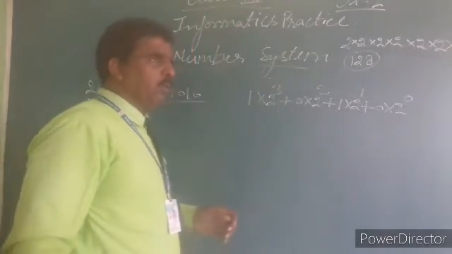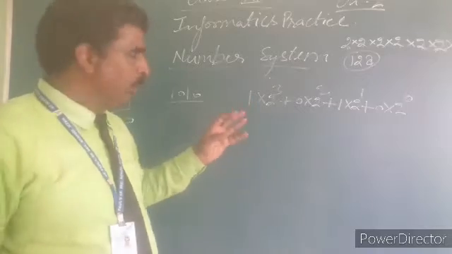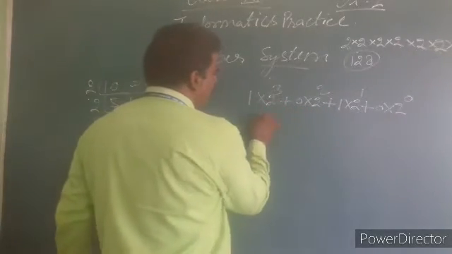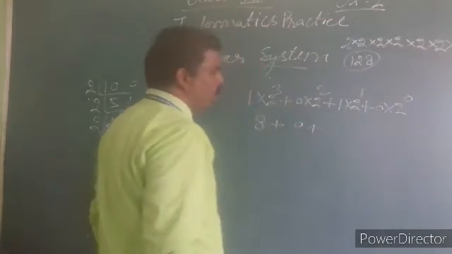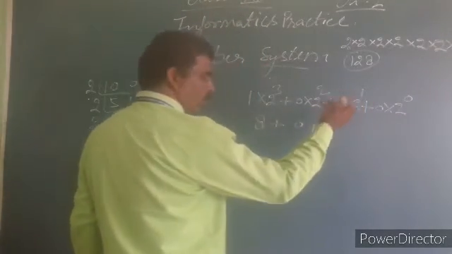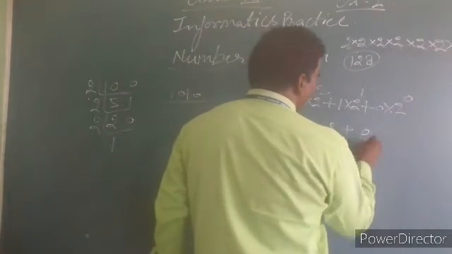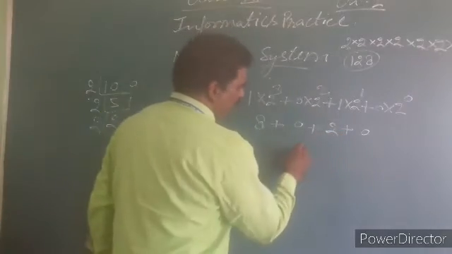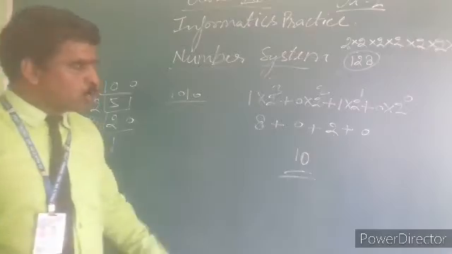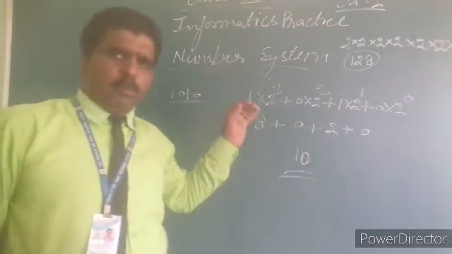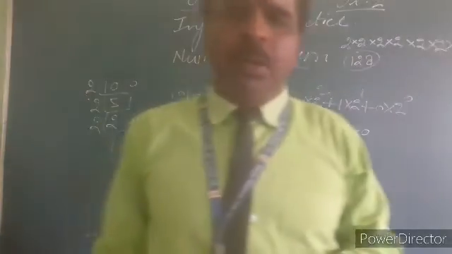Here power of 2, that is 3. 2 2s are 4, 2 4s are 8. 8 1s are 8, plus here 0, here 2 into 1. That's why 2 will be written after that 0. So 8 and 2, it is totally proved that by this process, the number system can be calculated.